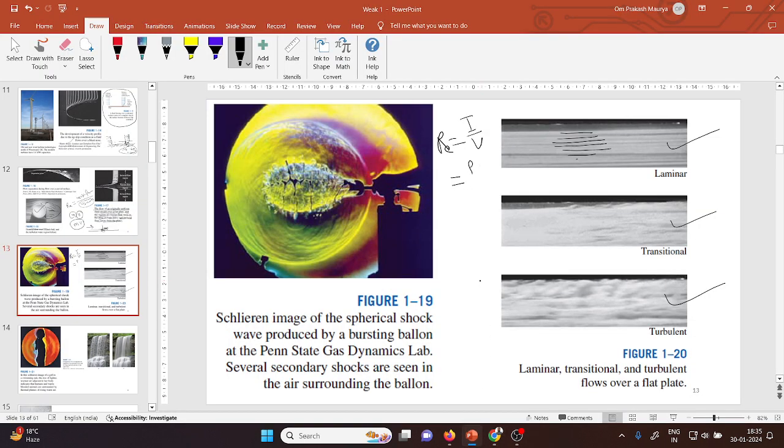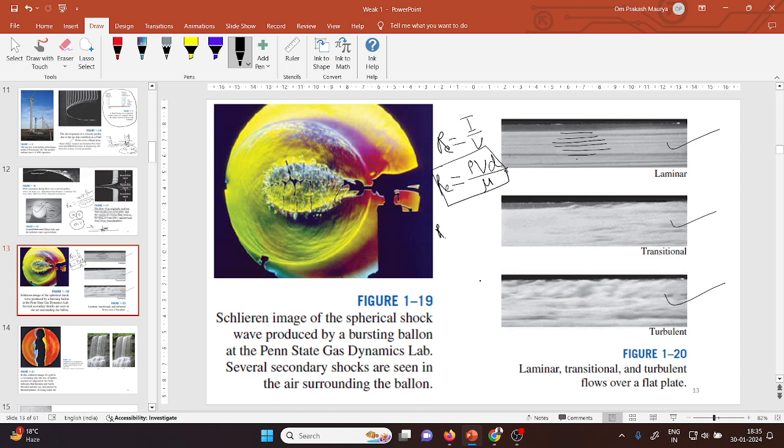I am taking the pipe flow case. So Re equals rho v d, where d is the diameter of the pipe, divided by the dynamic viscosity. This is the Reynolds number.